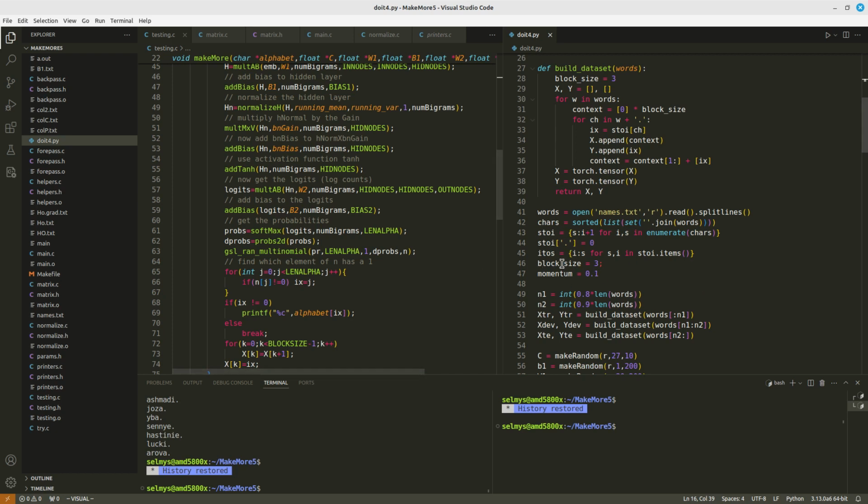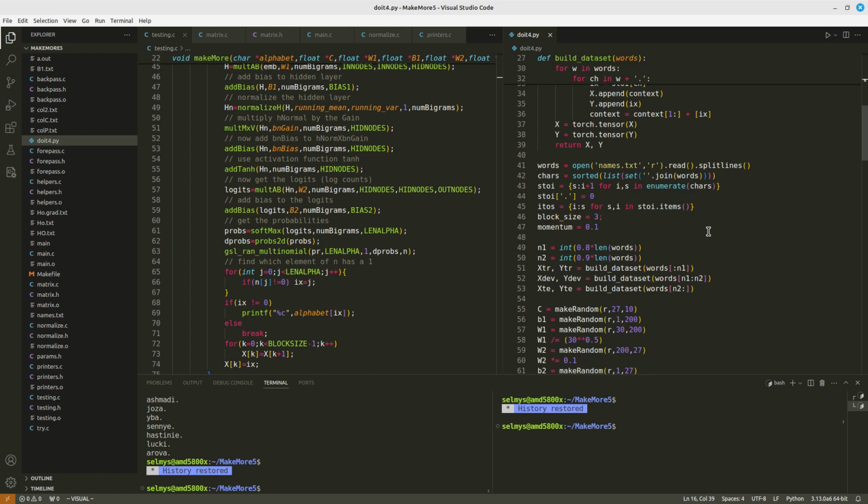I set my block size here to 3. There's another parameter I introduced here called momentum. We'll talk about that a little bit later. Here are our 3 data sets: X training, X development, and X testing, and Y training, Y development, Y testing.